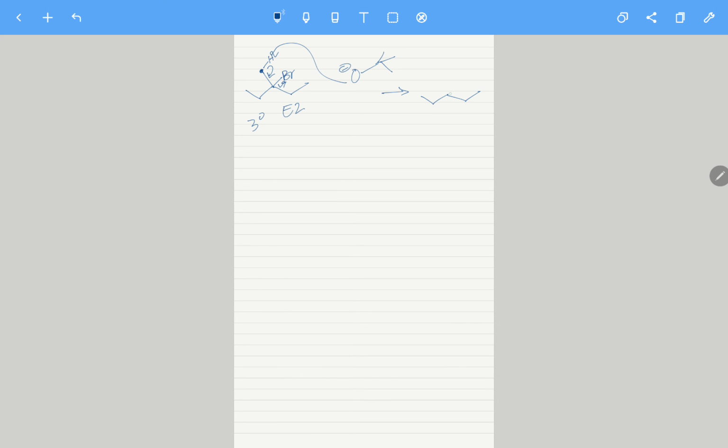And so my major product is going to be my Hofmann product as the major. My minor product is going to be the Z alkene in the Zaitsev. And then we have the E alkene.